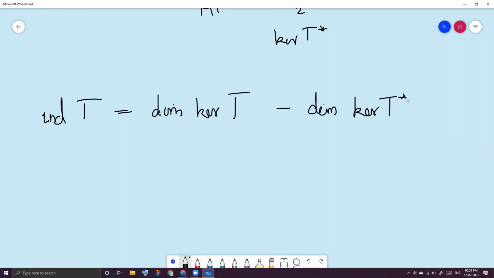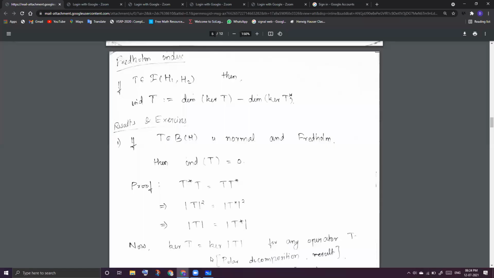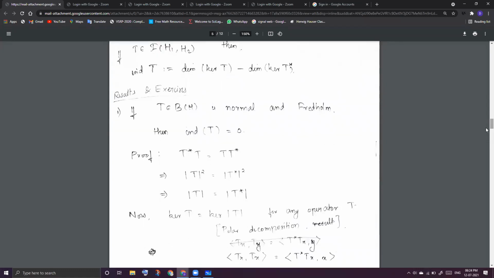From the second condition of Atkinson's theorem, we have that both of these are finite dimensional. So this is what the Fredholm index of T is defined as. And now I mention some results and things about the index.